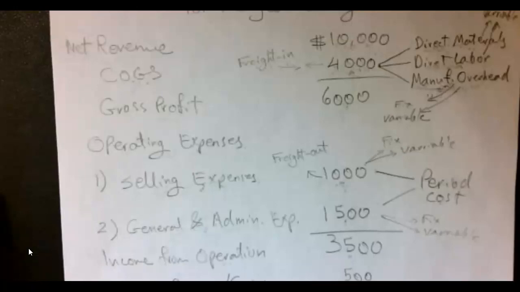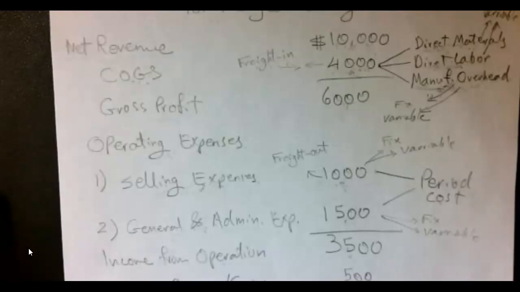Now, the selling expense or general administrative expense in general might be fixed, some of them, like showroom rent, right? Might be variable, some of them, like commission. So if you sell more, commission expense will be higher. If you sell less, commission that you pay to your salespeople will be less.